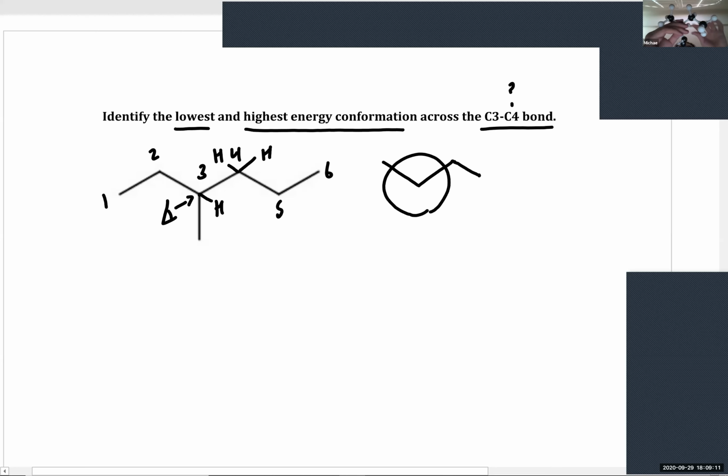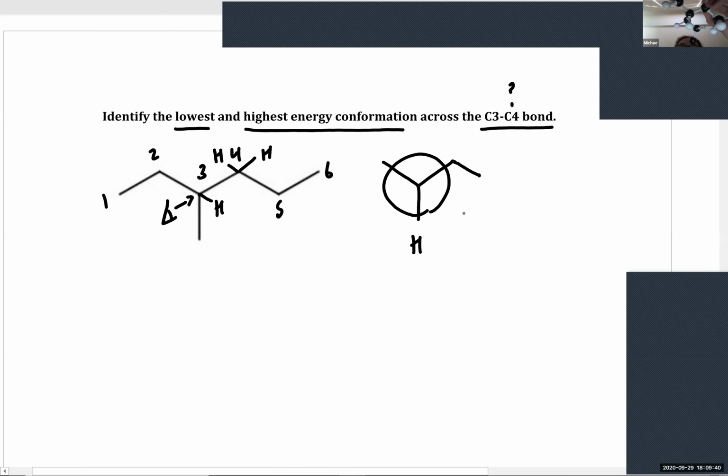Now, looking in the back. Let me stagger this a little bit so it's easier to see. So looking in the back, what do we have in the back right? What substituent am I holding?